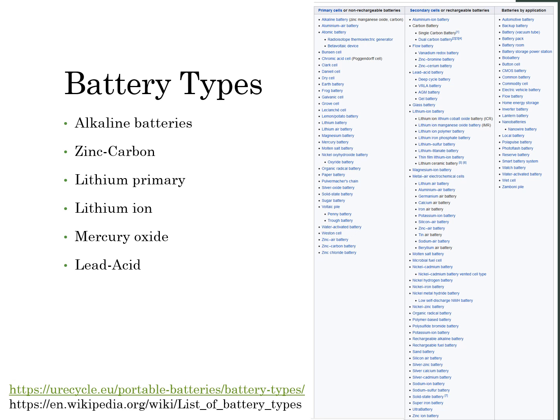So it's an interesting place where we're still developing types of batteries. They all follow the same general idea of having a potential difference between the two different sides, causing electrons to flow. So even though there's this huge list, the same general principle holds true. It's just how it does that that is going to be different.